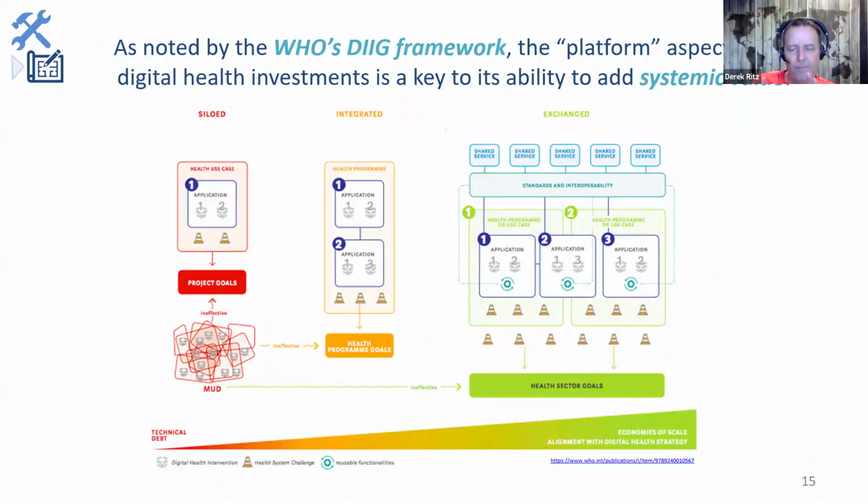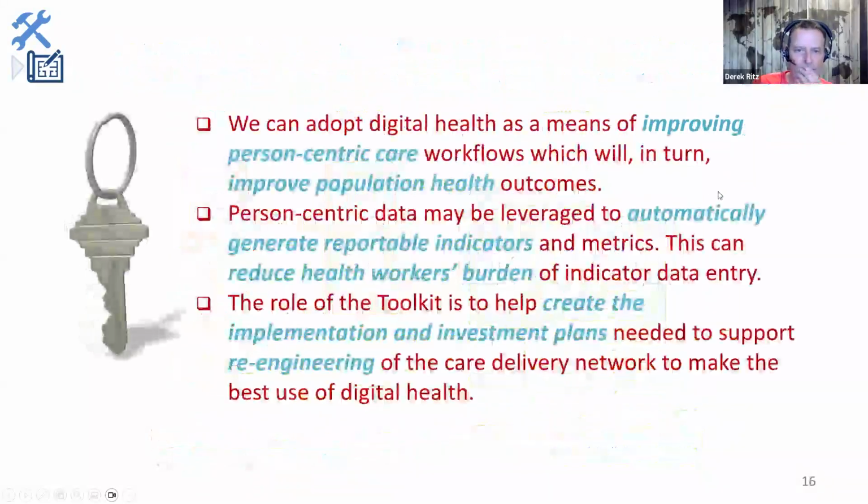This platform play, the idea that you won't put an app out there for doing malaria, you'll put foundational platforms in place that are used for everything. And that's very much at the heart of this. In order to get a systemic impact, you're going to have a system-wide rollout.